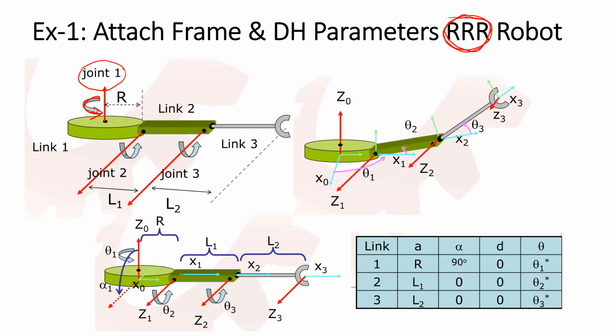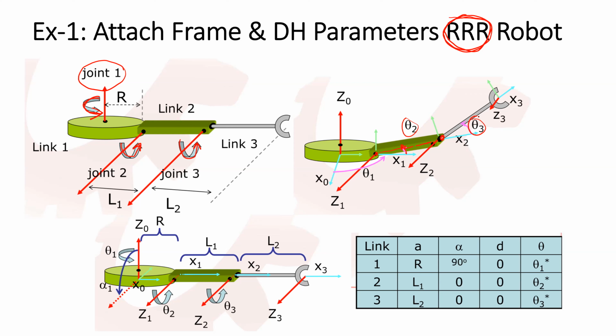The function of the second joint is to drive theta 2 to lift up this arm from the floor. The function of the third joint is to create theta 3. This is the function of the third joint.